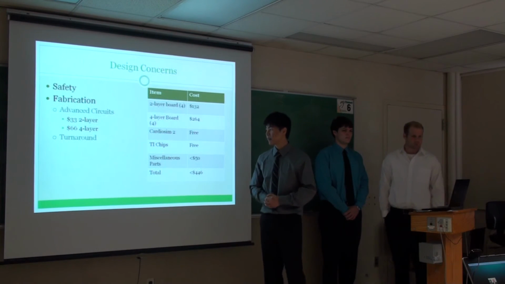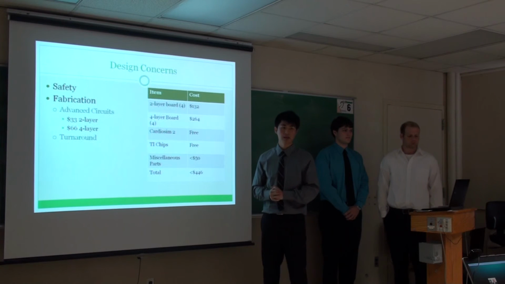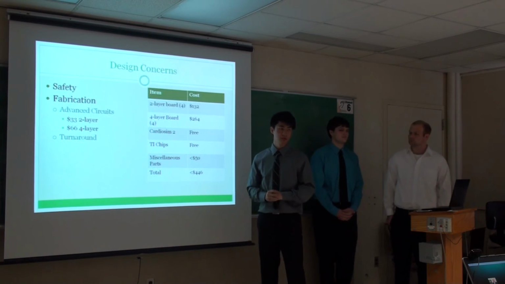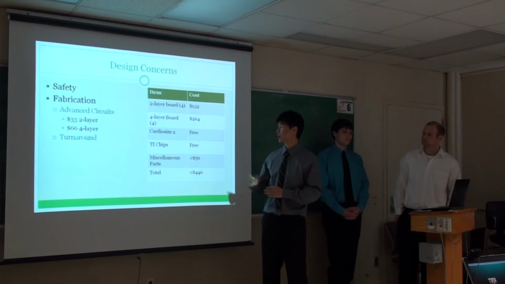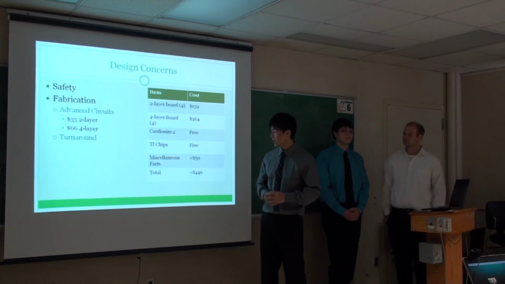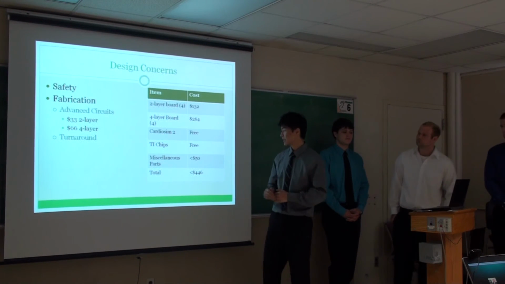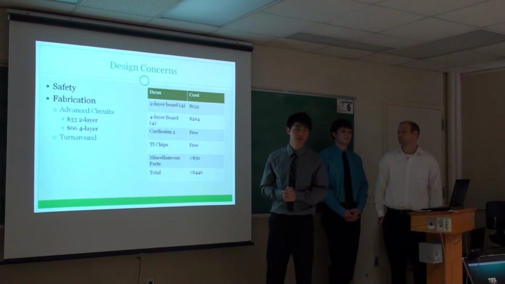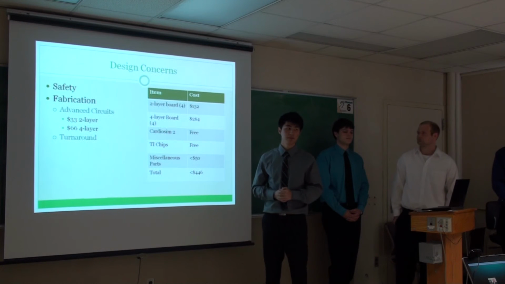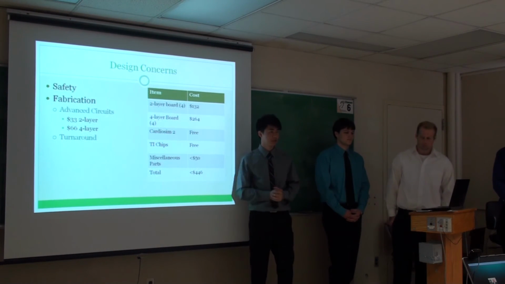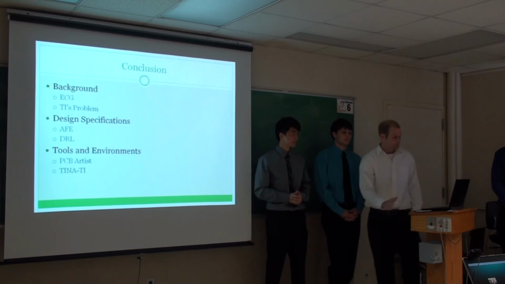TI provides the chips such as the INA333 and also the ECG simulator, which is CardioSync. It costs less than $50 for the miscellaneous parts. So this total adds up to around $450, which is under our budget. And I'll pass it to Phil to wrap it up.